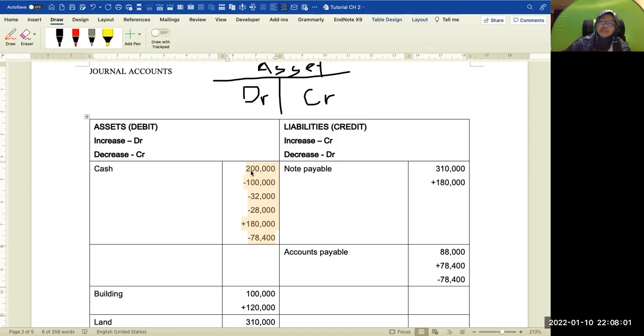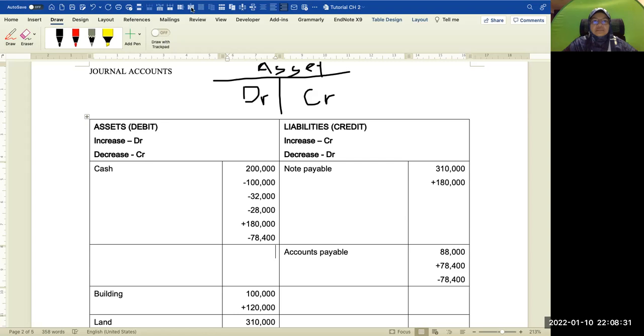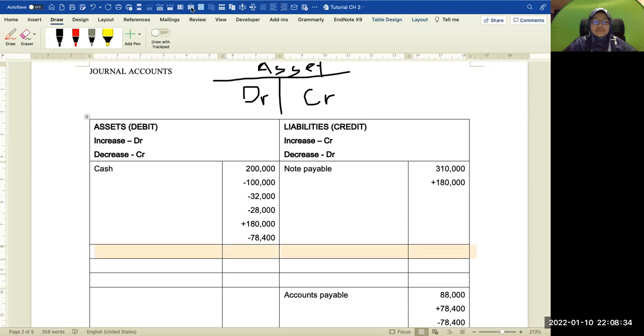Whatever you have here, put into T accounts. The final balance will be 142,000.